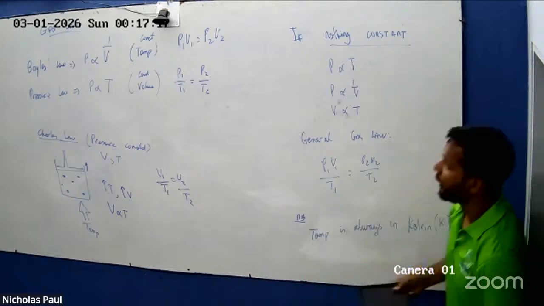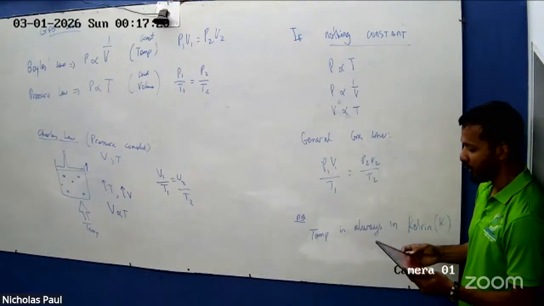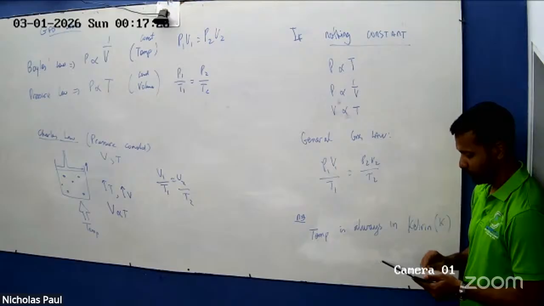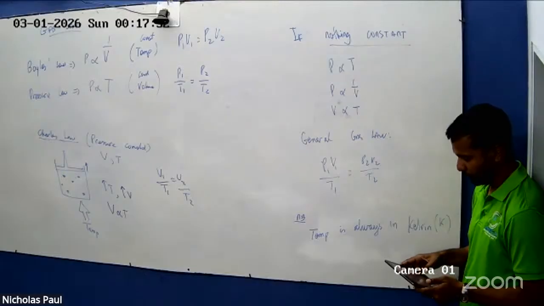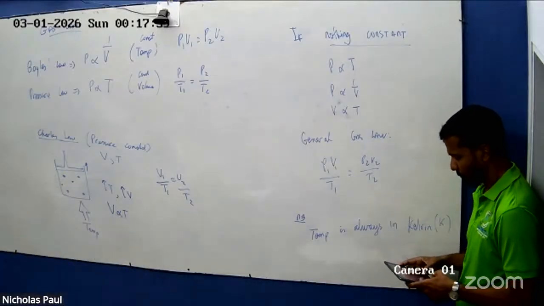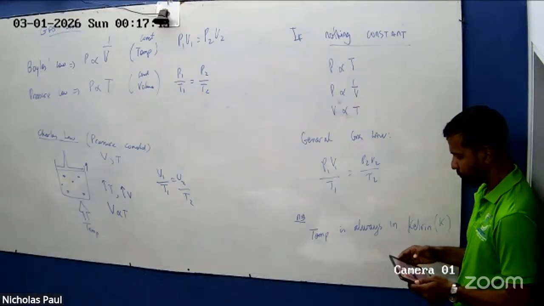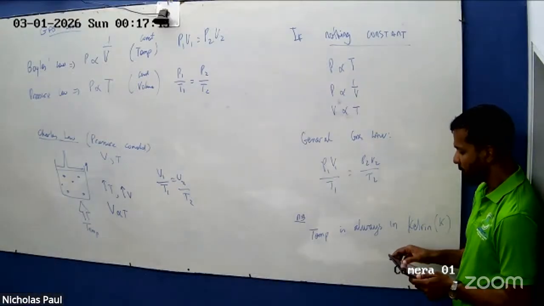All right. So these are the 4 laws that we need to learn: Boyle's, Charles', pressure, and general. Try these 3 questions and we are done.